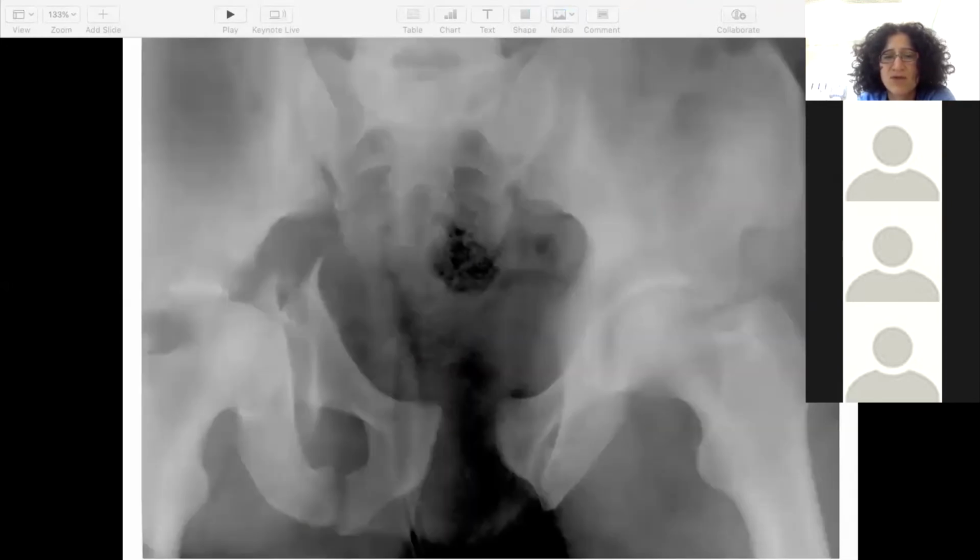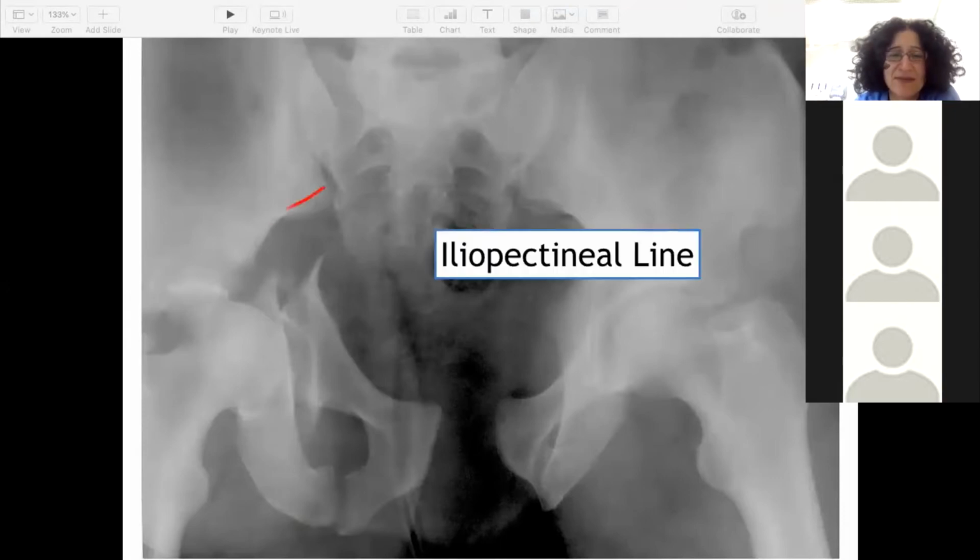Okay, so what type of fracture is this? Any guesses? T-type. T-type, Dimitri, fantastic. I think you're right. You nailed it. Have you seen it before? Okay.